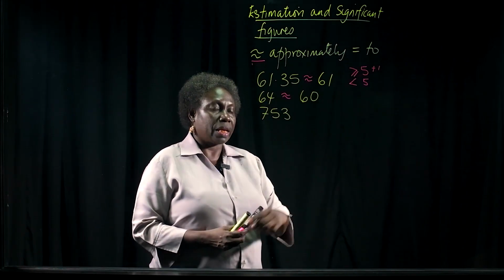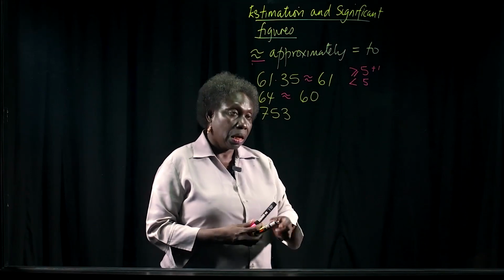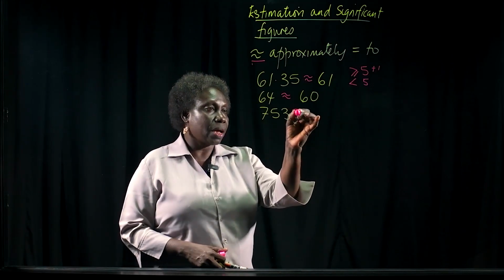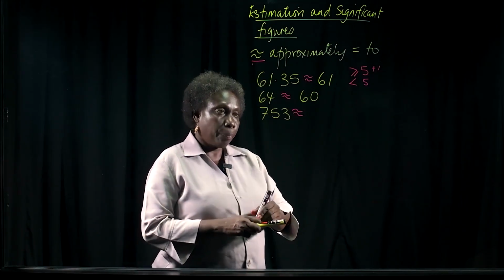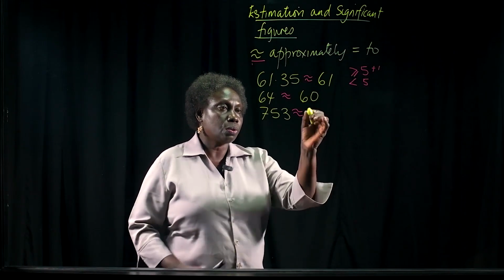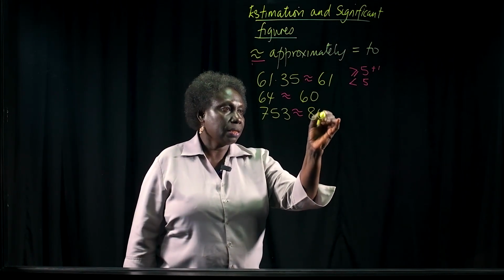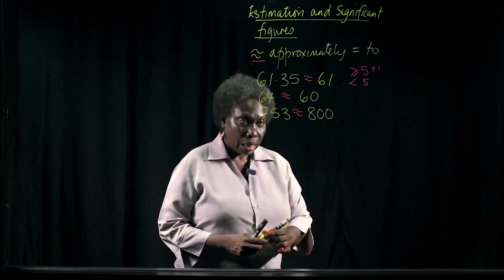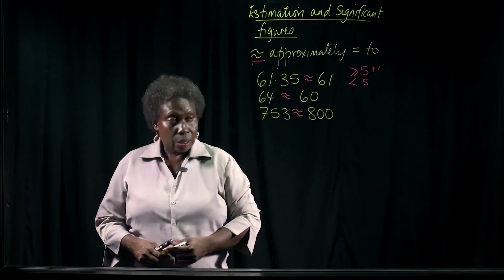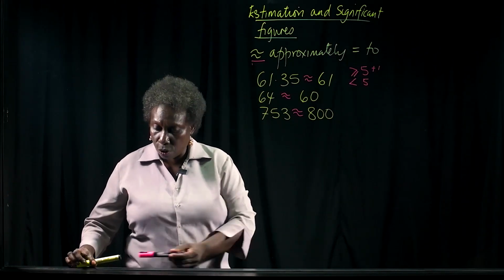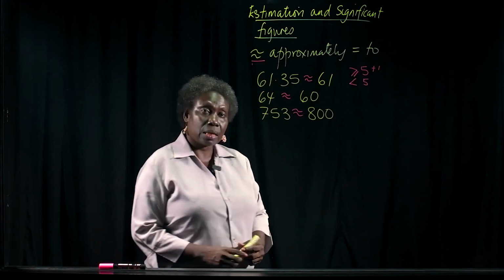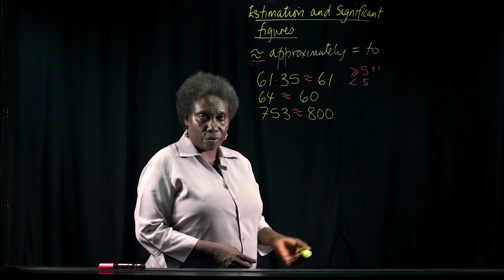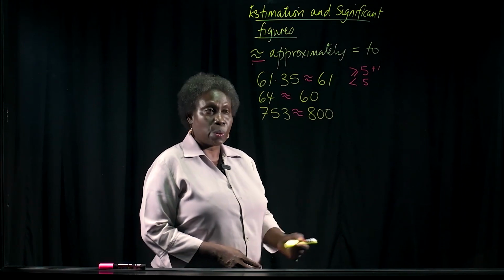So in this case, 753 rounded to the nearest 100 will be approximately equal to 800.